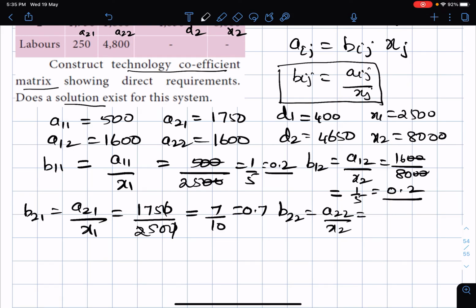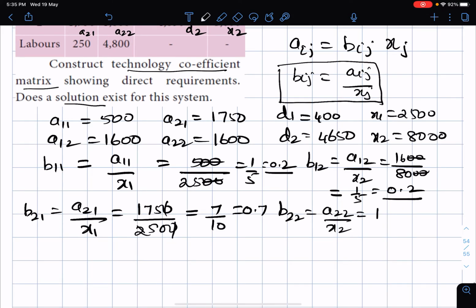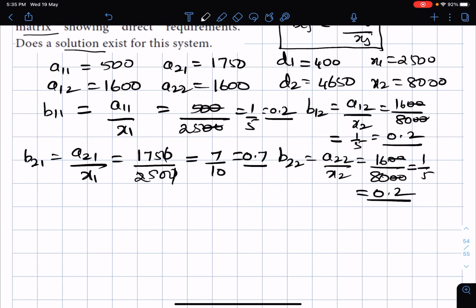A22 is 1600 by X2, which is 8000. Cut off the two zeros, your answer is 1 by 5, that is equal to 0.2. So you have got all the four answers. Now construct your matrix. The technological matrix is going to be 0.2, 0.2, 0.7, 0.2.